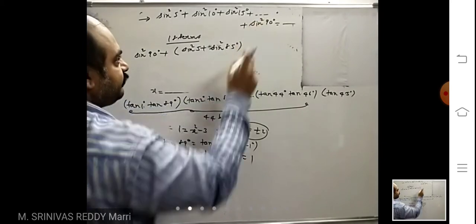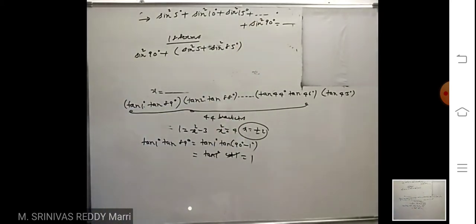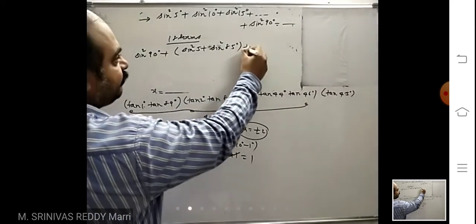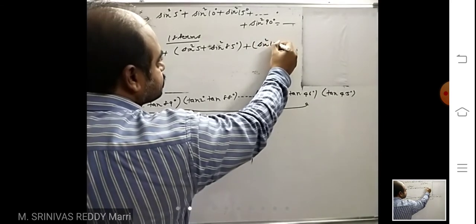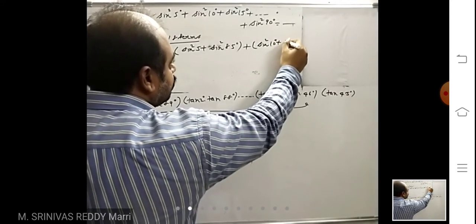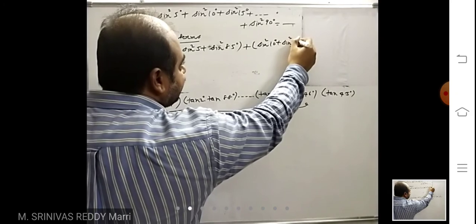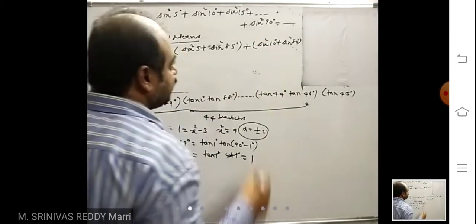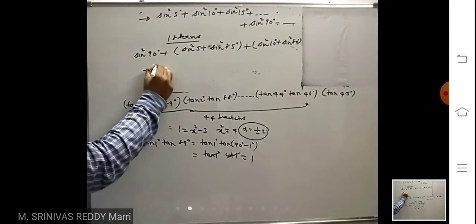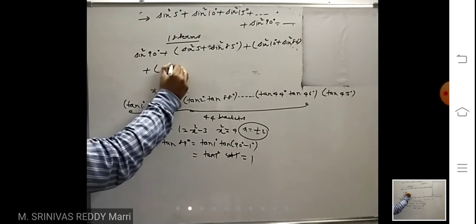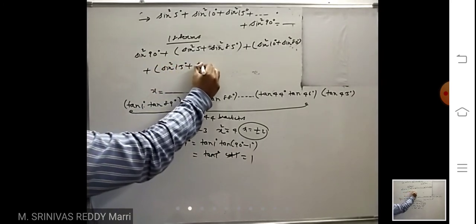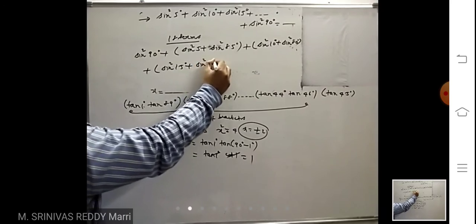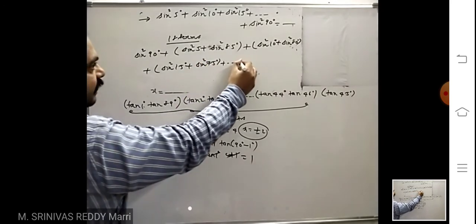If you exclude sine square 90, then I am clubbing sine square 10 plus sine square 80, such that the sum of angles is 90 degree. I am clubbing sine square 15 degree plus sine square 75 degree.